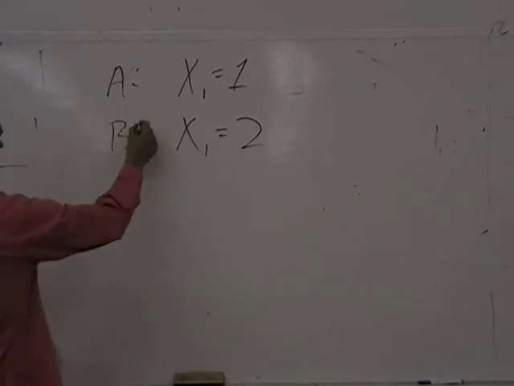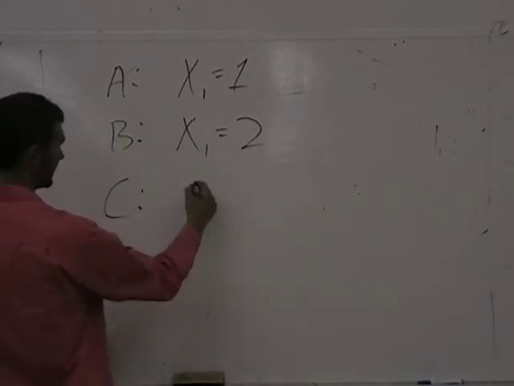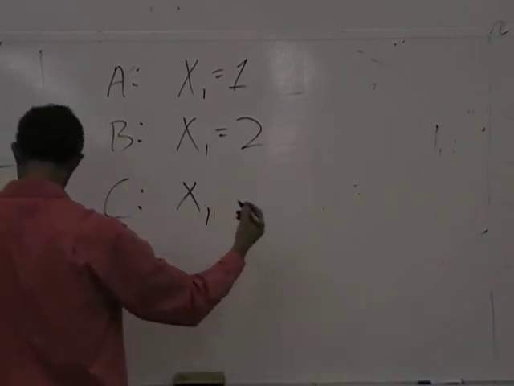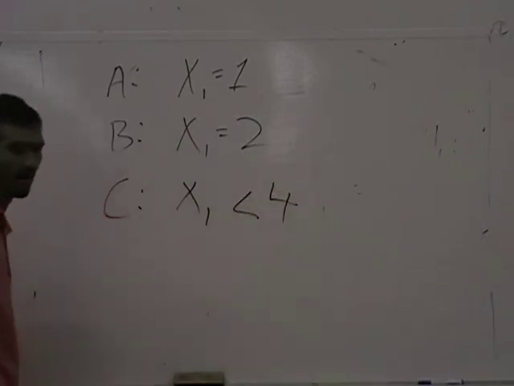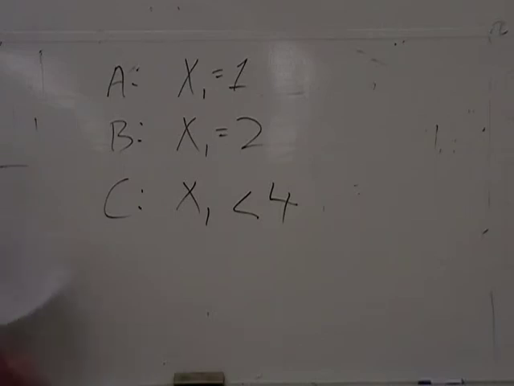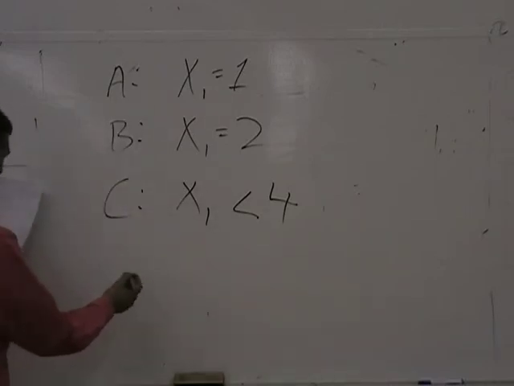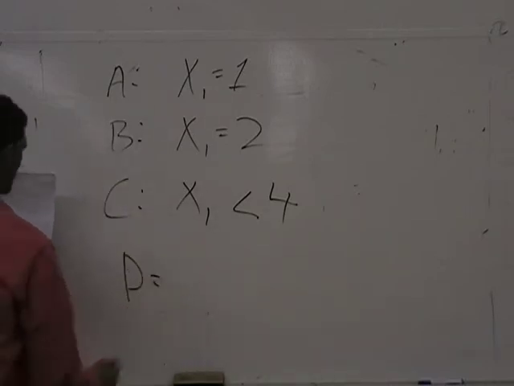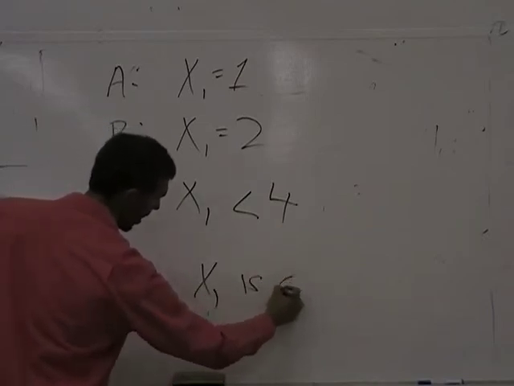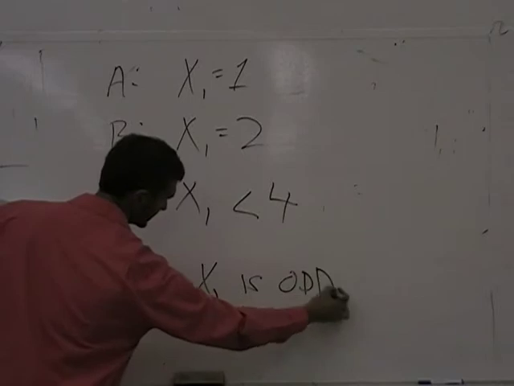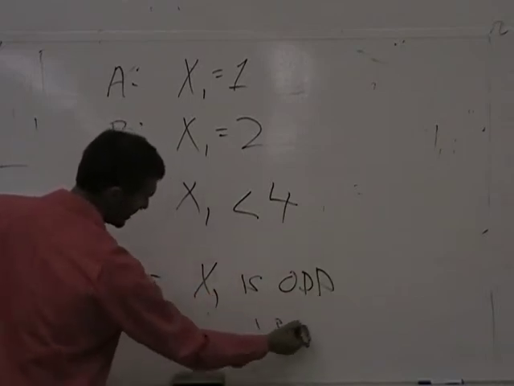I define event C as x1 being less than 4. D is x1 is odd. That's 1, 3, 5.